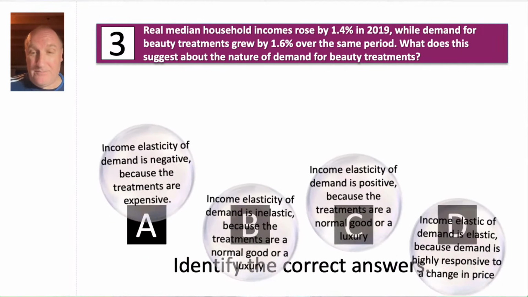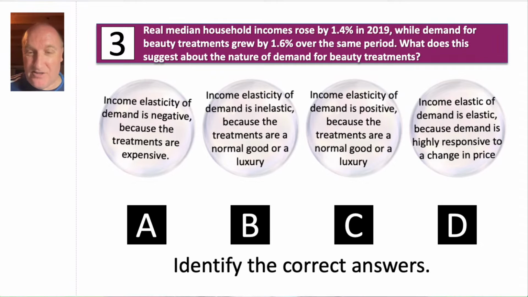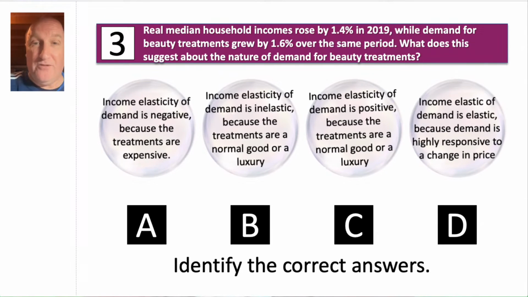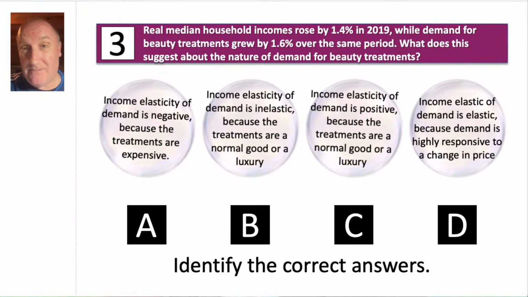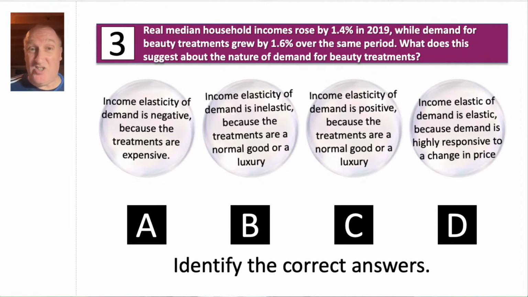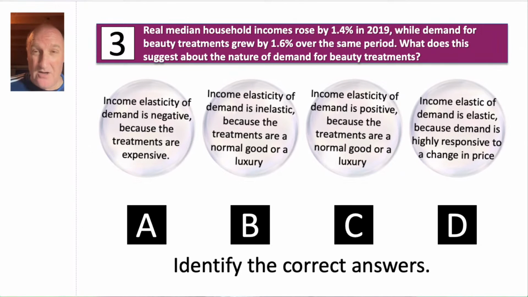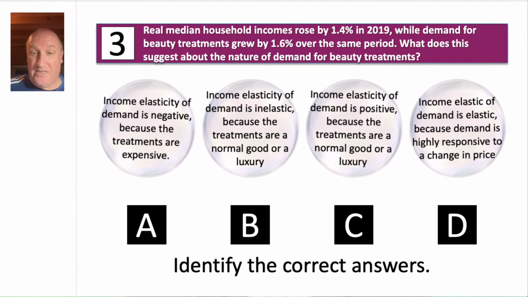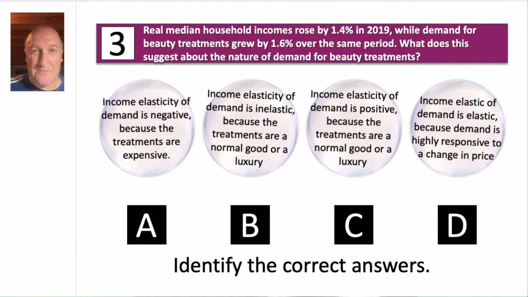Question number 3. Lots to read here, so I'll take this nice and slowly. Real median incomes rose by 1.4% in 2019, while demand for beauty treatments grew by 1.6%. What does this suggest about the nature of demand for beauty treatments?